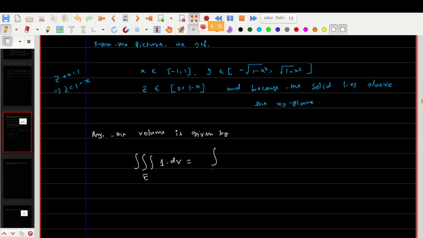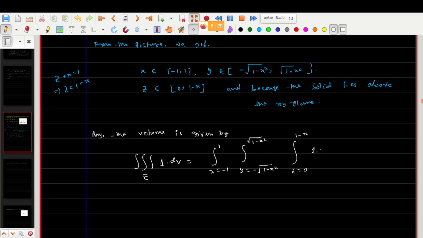Now you can write x runs from minus 1 to 1, y runs, as I have already told you, never forget to write down in which variable you are writing the limits, otherwise it will mix you up. And z equals 0 to 1 minus x. Here there is no integrand, so it is the constant function 1 and dV.